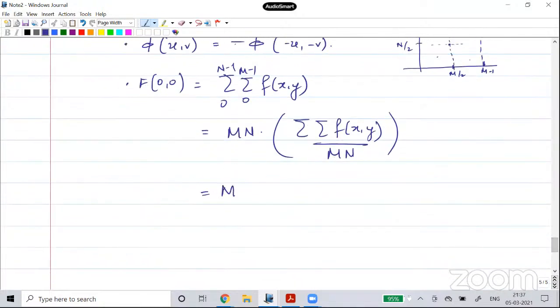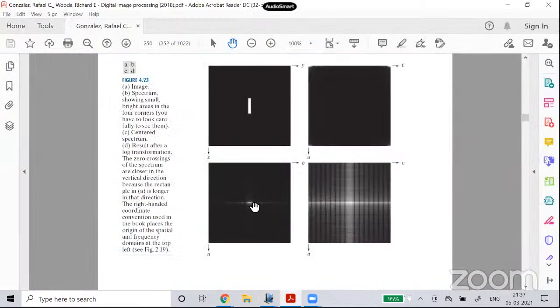So this is mn times f bar, the average of f(x,y). So the F(0,0) term is proportional to the average intensity of the original image.